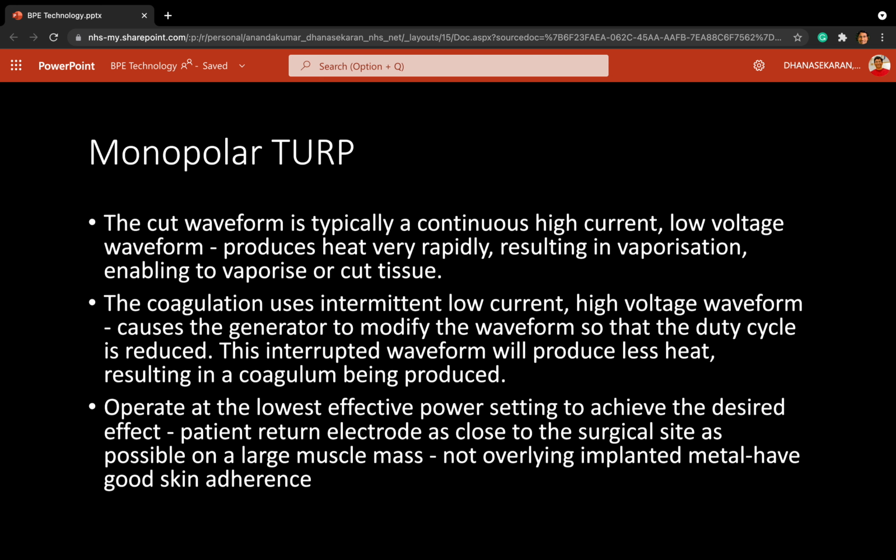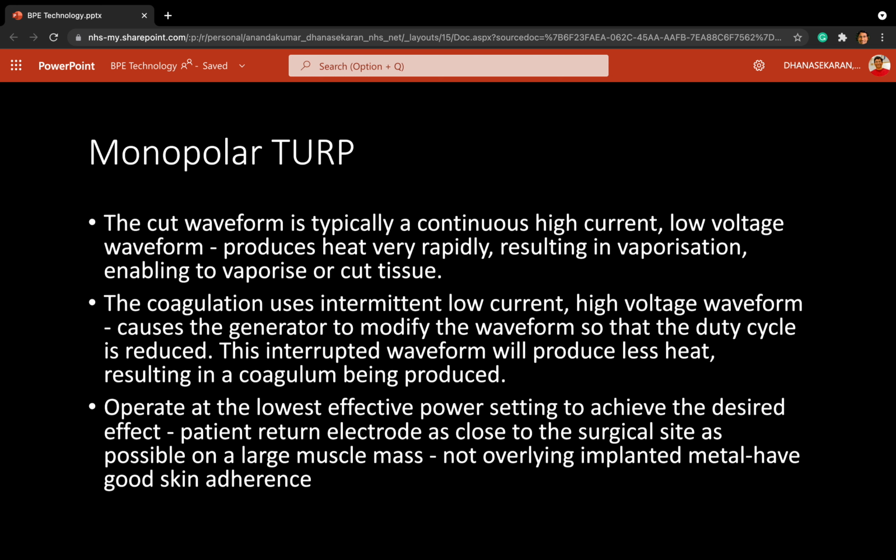Okay. And also if the patient has a pacemaker or defibrillator, and if there is extensive foreign body in the hip region bilaterally, these are situations where you may feel bipolar may be better served for the patient.